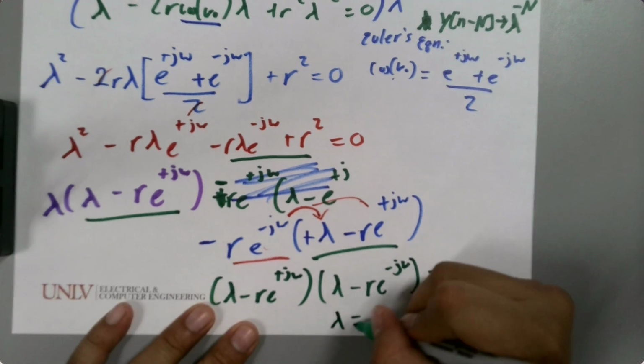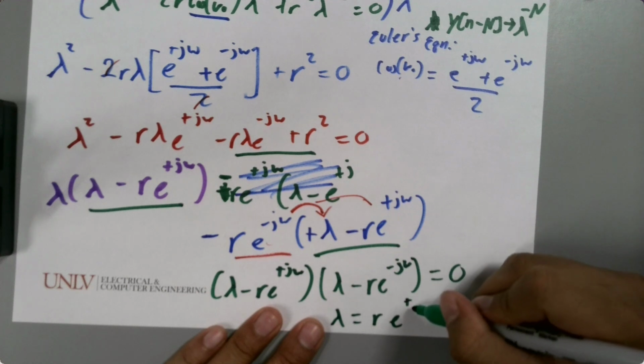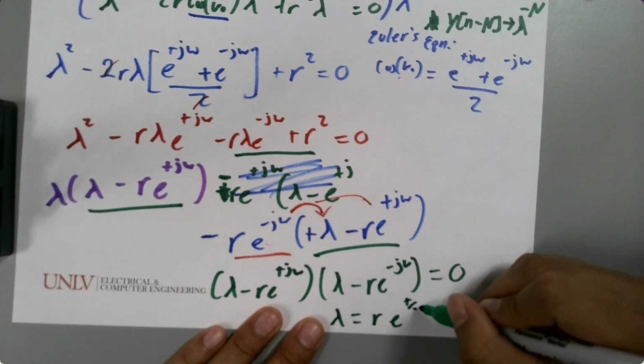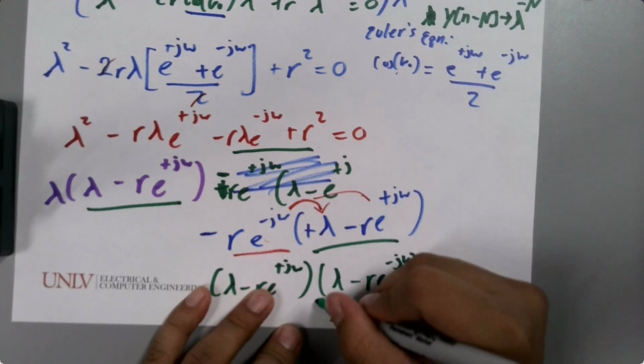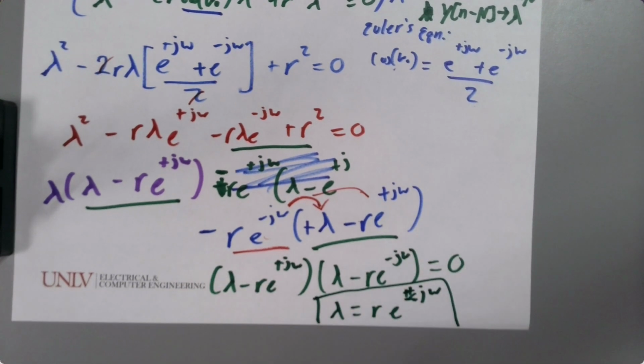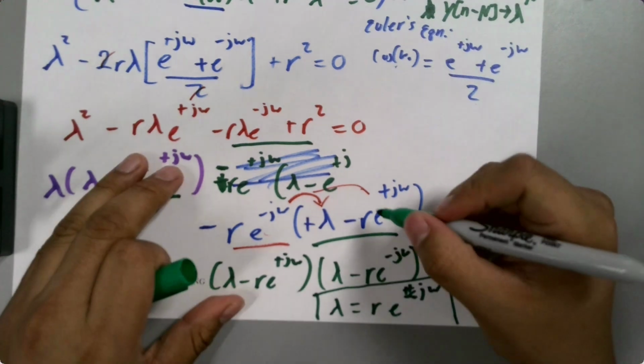Therefore, lambda is equal to r e to the plus or minus j omega. And that's how you find those poles, the characteristic equations. Does that make sense? And we're using decomposition.